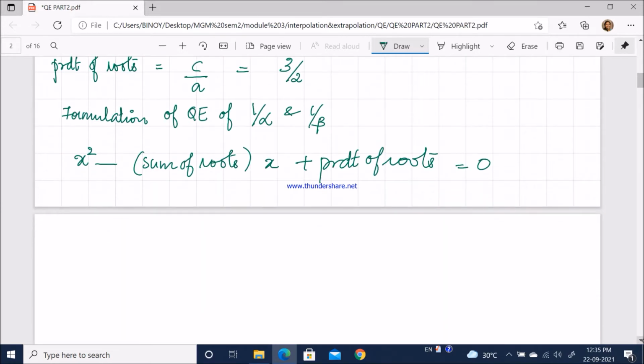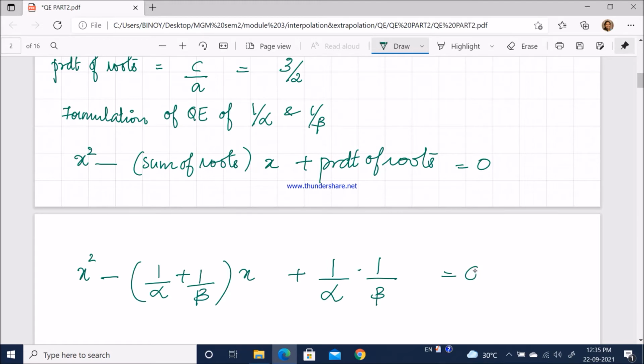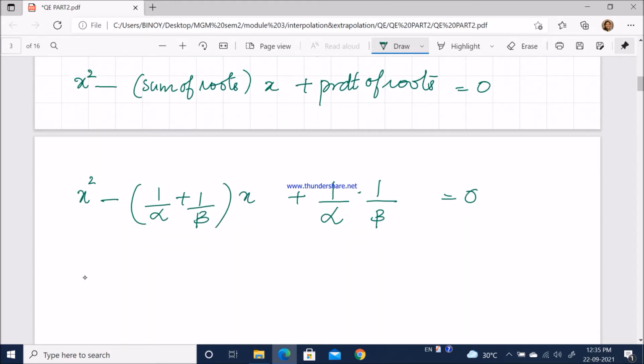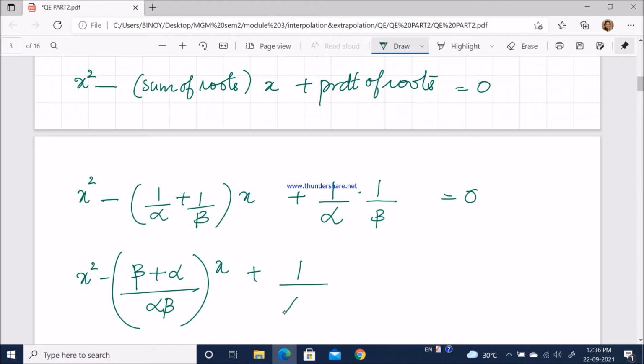So here the roots are given as 1 by alpha and 1 by beta. So x square minus 1 by alpha plus 1 by beta into x plus 1 by alpha into 1 by beta equals 0. So this can be rewritten as x square minus beta plus alpha by alpha beta into x plus 1 by alpha beta equals 0.